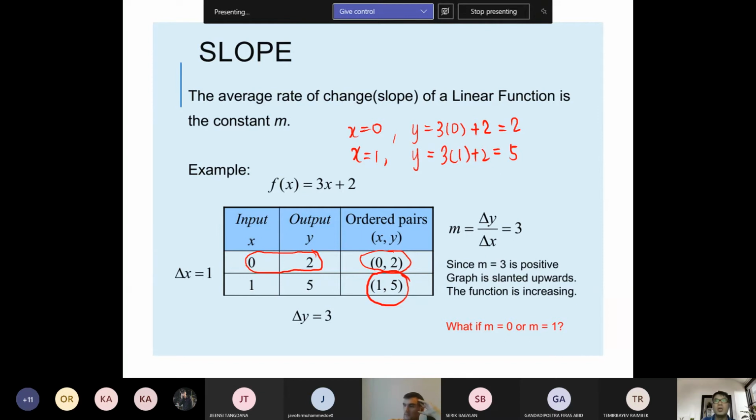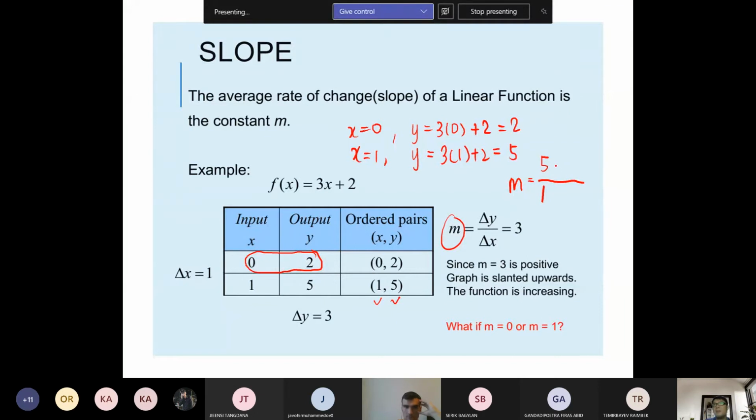Now, when we use these 2 points to calculate the slope, this is what we do. First, for this point, I'm going to write the y and the x: 5 and 1.